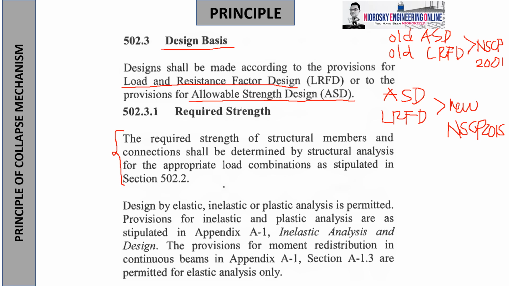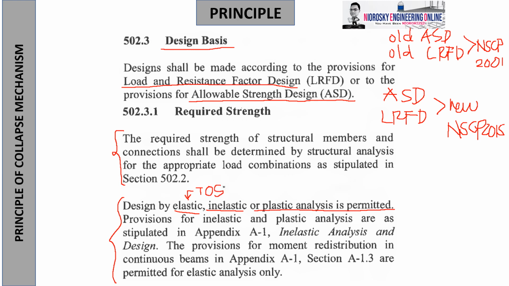Now, here is the real thing. In the second paragraph, designed by elastic, take of that term, inelastic or plastic analysis is permitted. So therefore, the entirety of our NECP 2015 Chapter 5, which is steel design, is incorporating these concepts, elastic, inelastic, and plastic analysis. Whereas elastic is already known by us, of what you call the elastic theory, or the things that you have learned in your theory of structure.